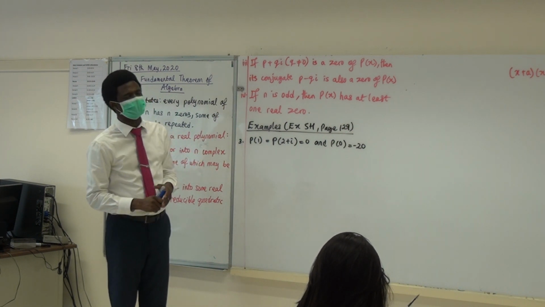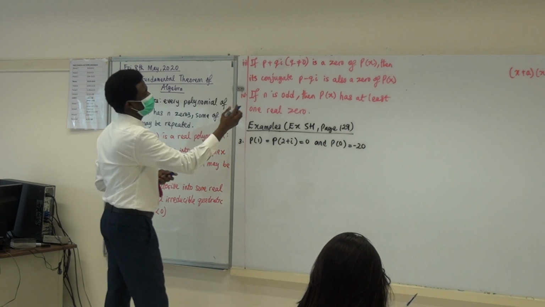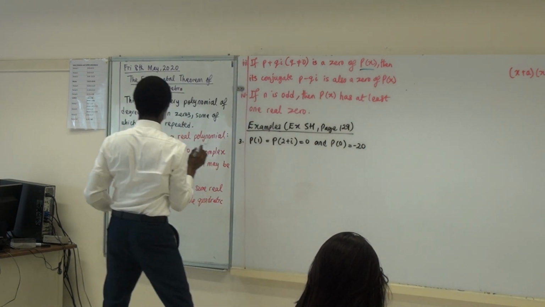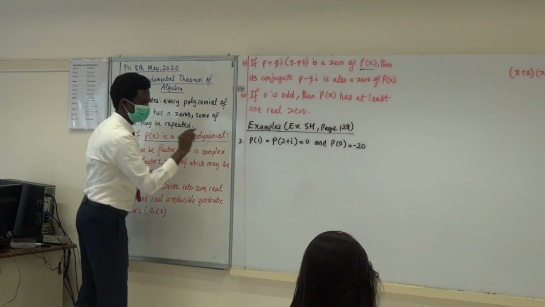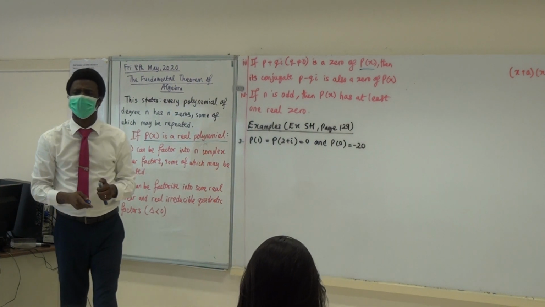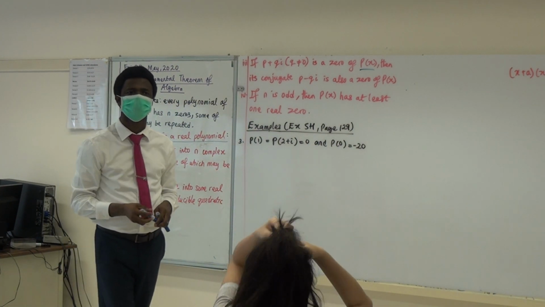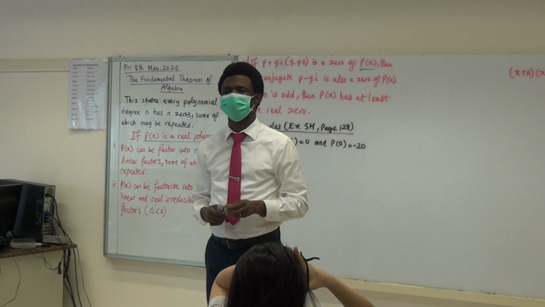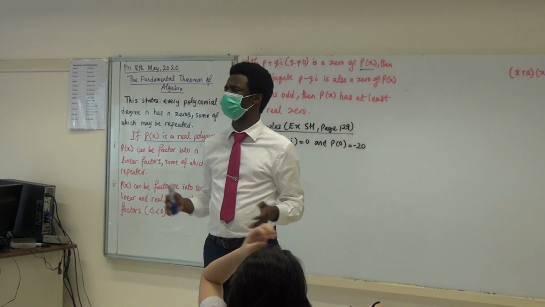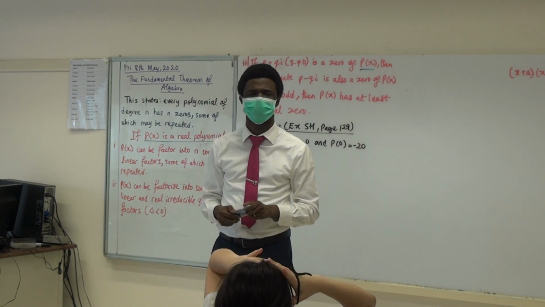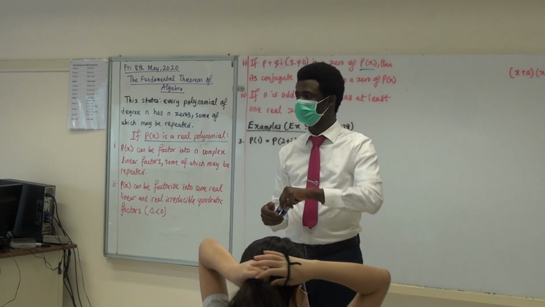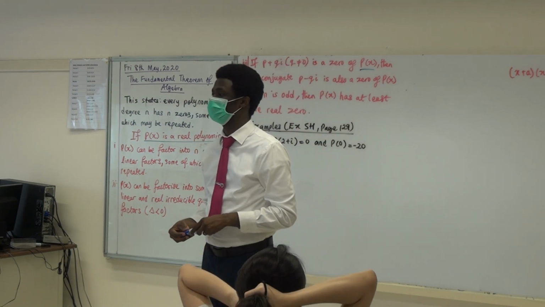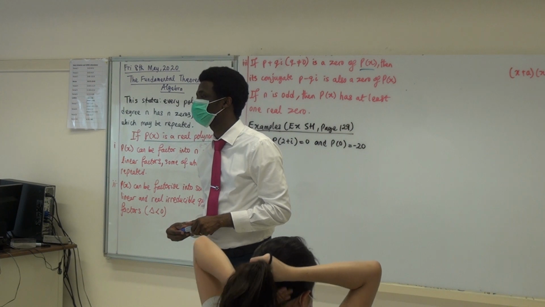So what this is saying is that, remember, anytime I say P of x, I'm referring to a real polynomial. Do you remember what a real polynomial is? What do we mean when we keep saying real polynomial, real polynomial? What does that even mean? No imaginary numbers.